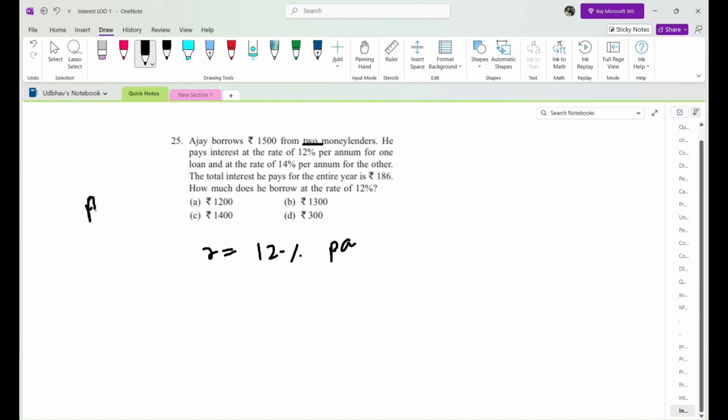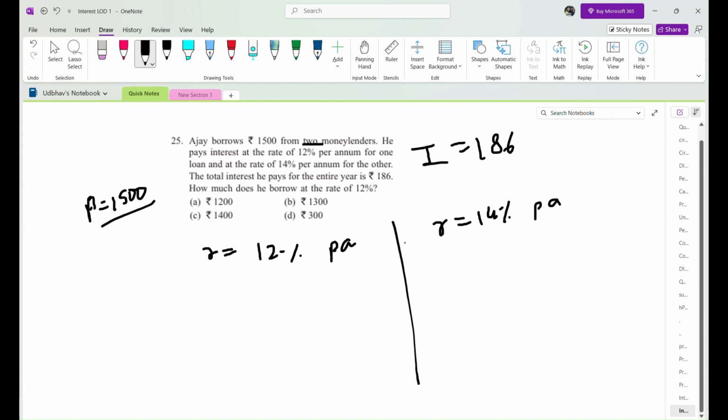So maybe he's borrowing 1500 from each, or maybe he's borrowing 1500 in total, but we don't know how much from each. He pays interest at 12% per annum for one loan, and for the other, the rate of interest was 14% per annum. The total interest he pays for the entire year is 186.